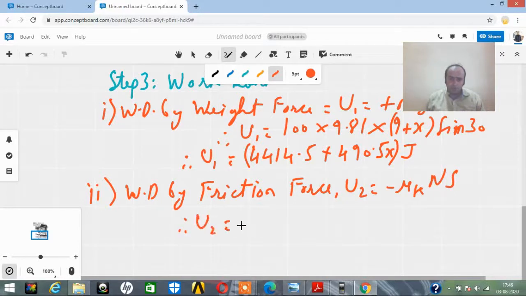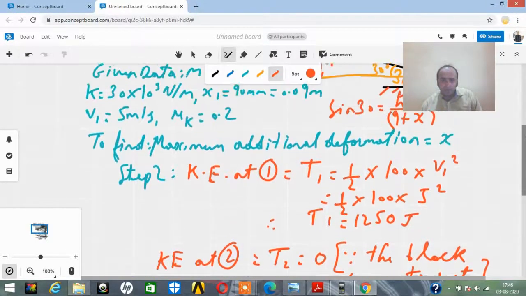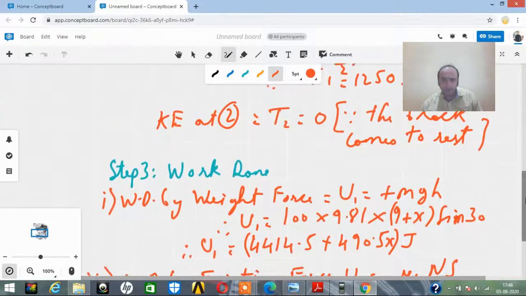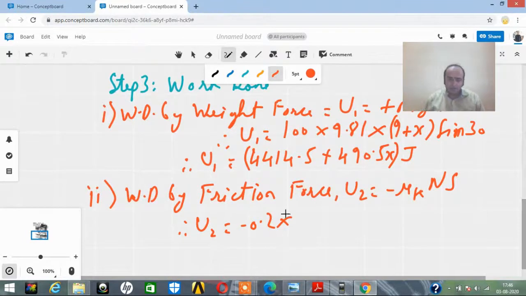Therefore U2 is equal to minus 0.2 into N. Friends, if I apply the condition of equilibrium on this block at position 1, I'll get the value of N equal to 981 sine 60. I can write it here, friends: s is nothing but 9 plus x.